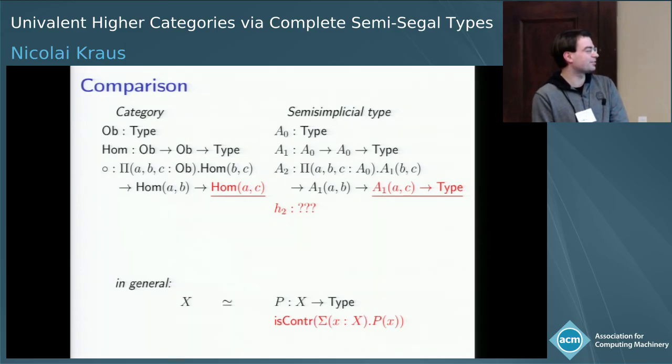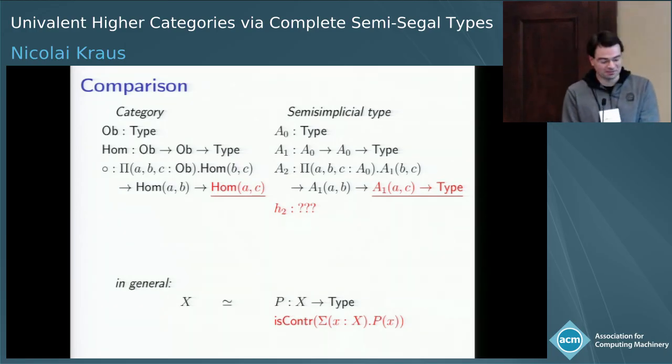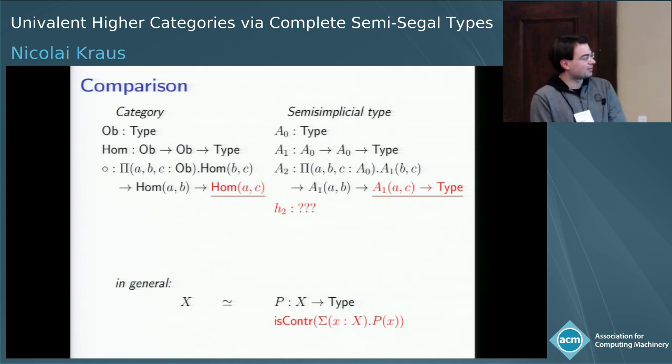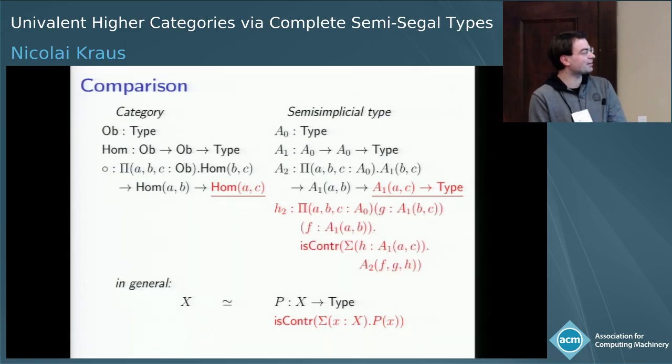So is contra stands for is contractible, and this means that there's exactly one such element. So now what we need for H2 is this red thing here. We can just unfold what it means here, and it looks like this. Admittedly it's already quite long, but conceptually it's quite clear.